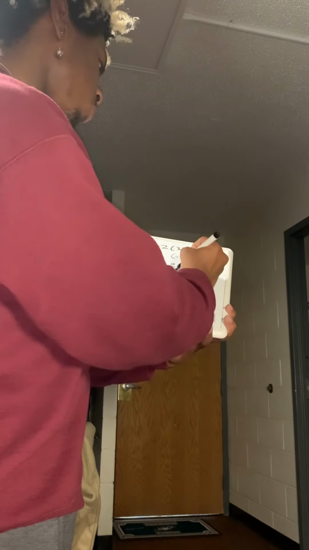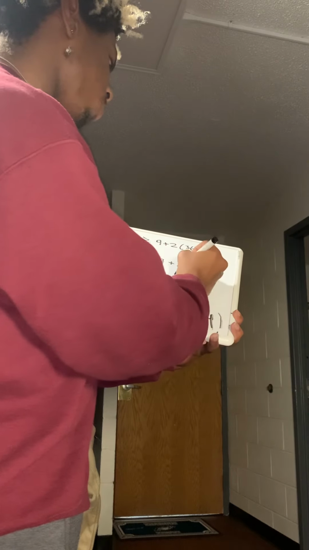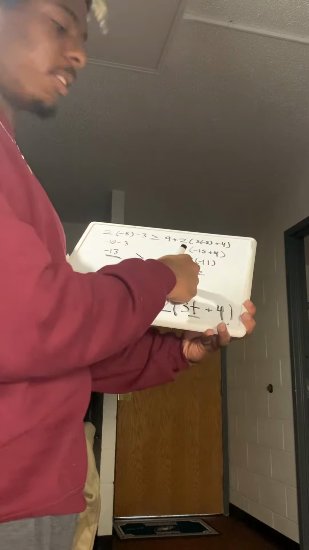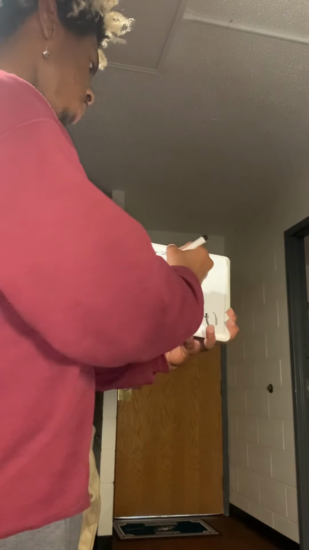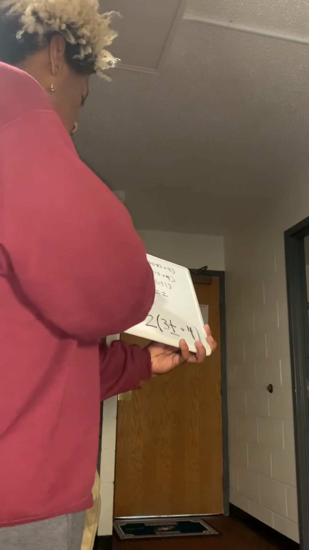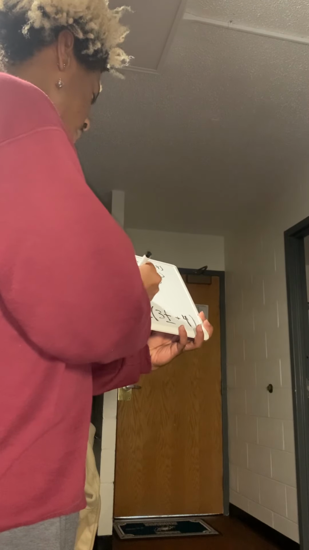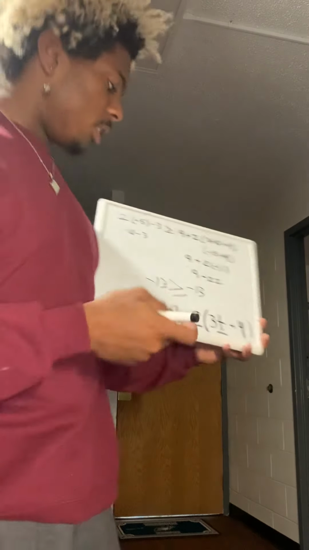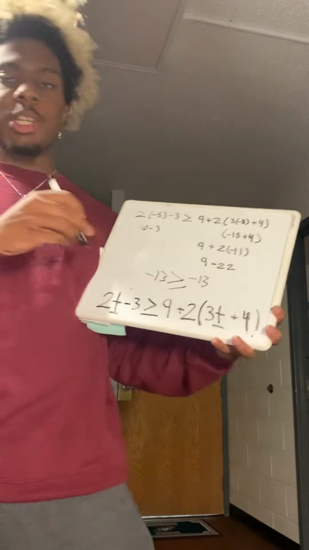If you do this, you would get negative 12 plus 9, which gives you negative 13. So we have proven and checked that the inequality is correct. As you can see, we got them equal to each other.